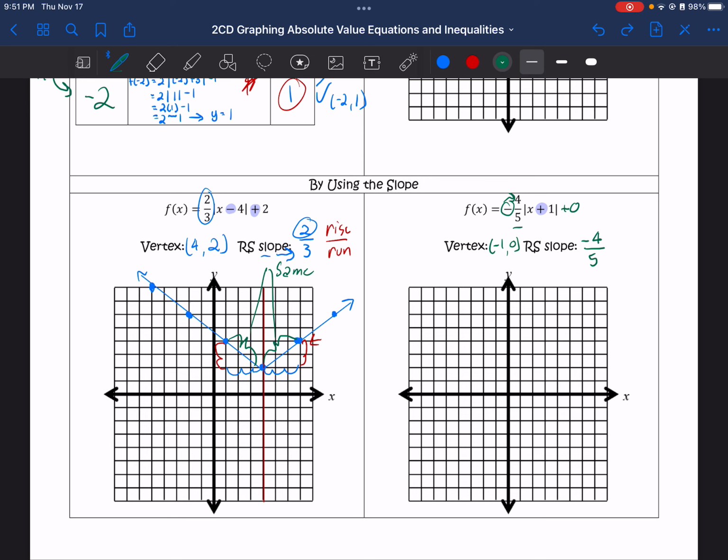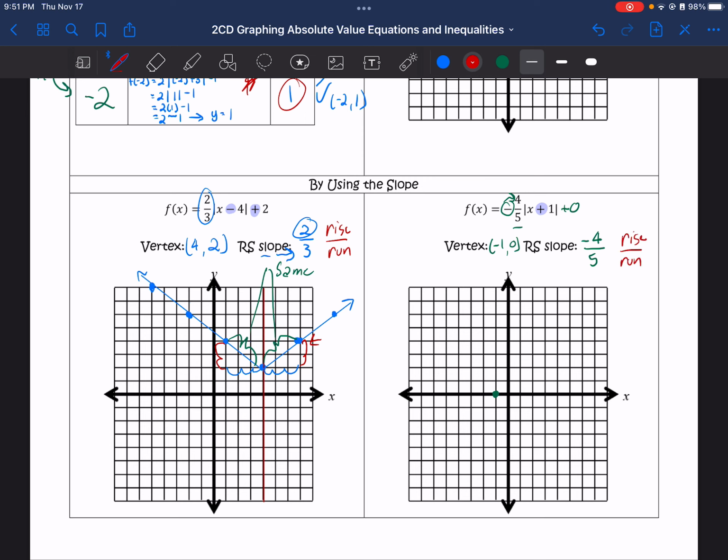So now we are going to plot our points. We're going to plot our vertex first. We're going to go to (-1, 0). We're going to go left 1 to get that x value of negative 1. And we're going to stay there because our y value is 0. So we're already at y equals 0. So we're going to plot our point there. Now we are going to graph our right side. Remember again, it's going to be rise over run.